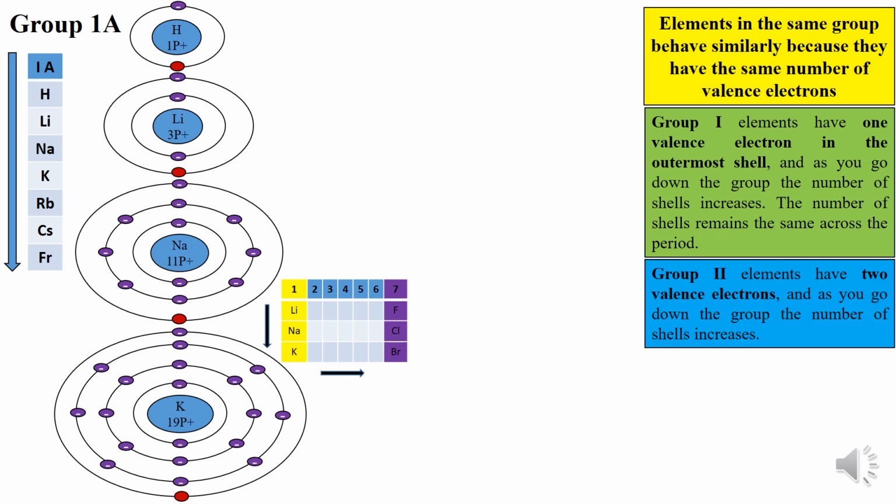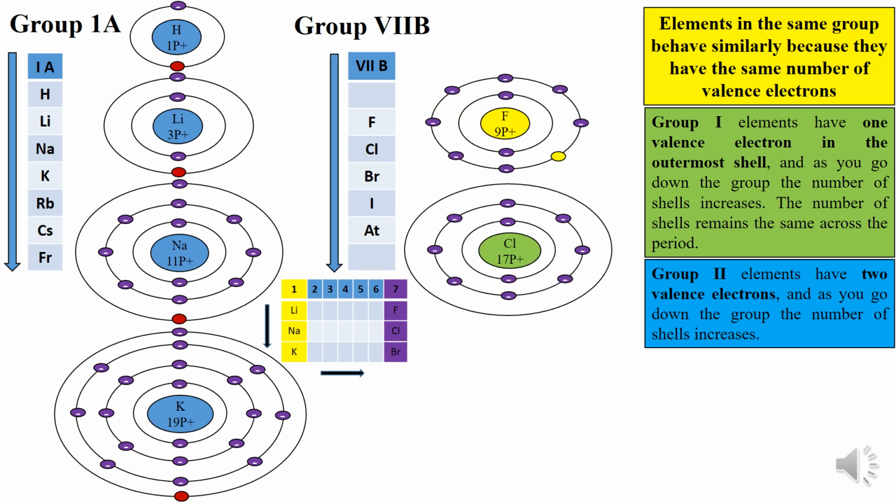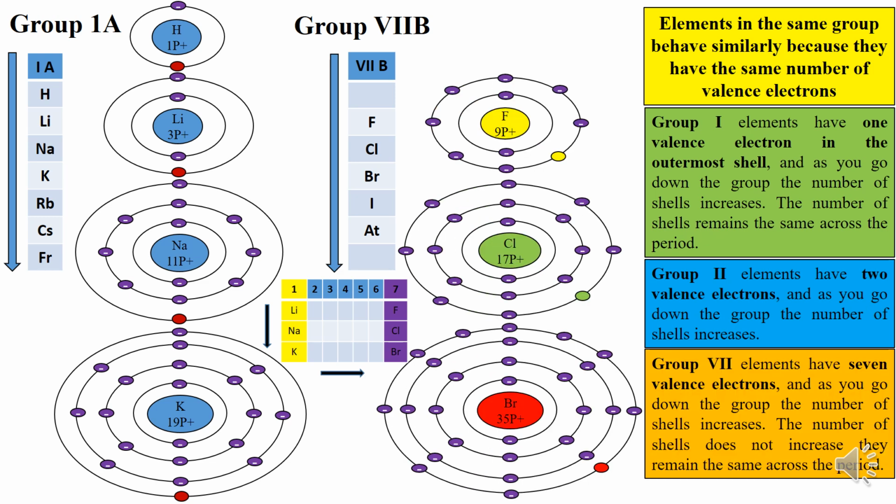And what about the halogens? Halogens have a total of 7 valence electrons in their outermost shell. And they need just 1 electron to complete the octet.